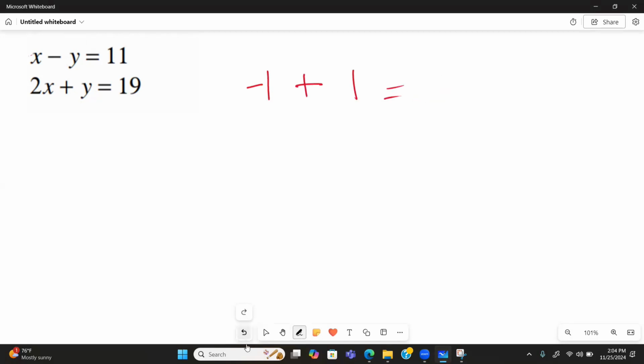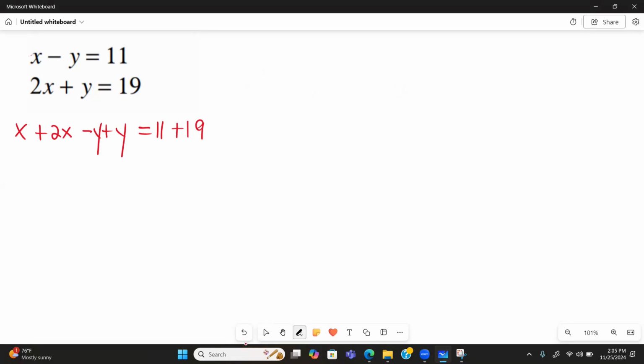That is the intention: to get one of them eliminated, so we could focus on the other. So let us add these two equations together: x plus 2x, minus y plus y, is equal to 11 plus 19. I just simply added both equations.